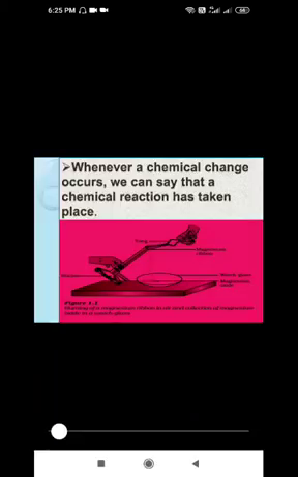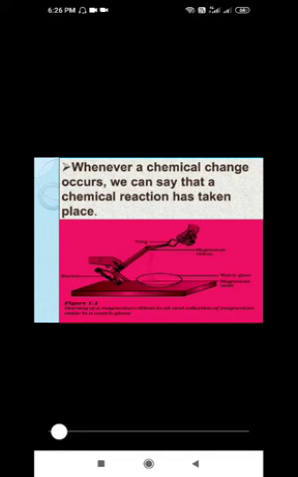Here on this slide, you can see that whenever a chemical change occurs, we can say that a chemical reaction has taken place. I've just said, right, when there is a chemical change, you must have studied this particular thing, the physical change and chemical change, in your standard 6 and 7. Right. So I hope you are clear with these two concepts, chemical change and physical change.